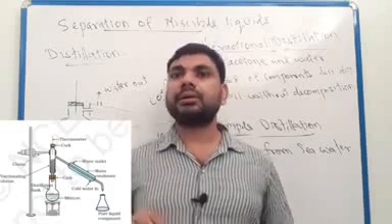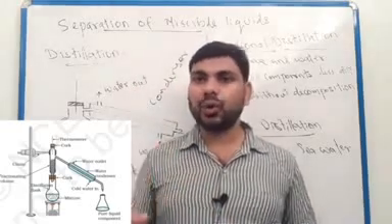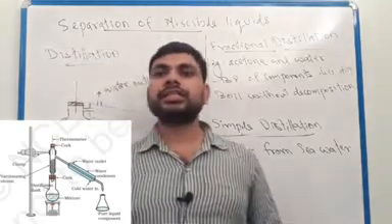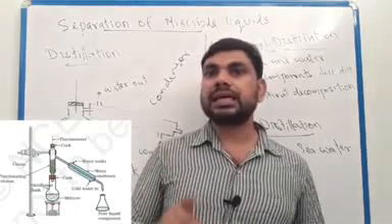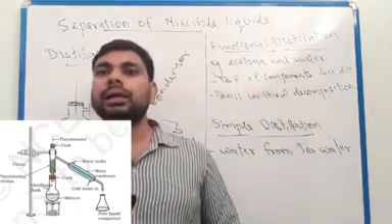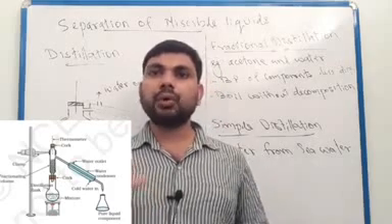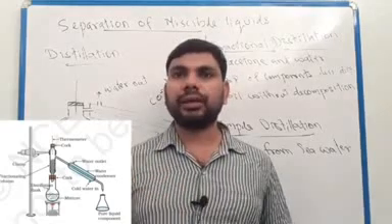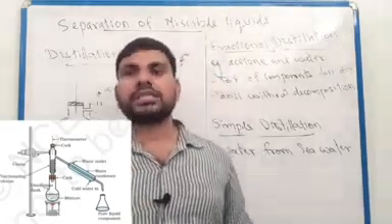For example, alcohol boils at 70 degrees Celsius, and water boils at around 100 degrees Celsius. So their boiling point difference is around 25 Kelvin, and we can use fractional distillation.